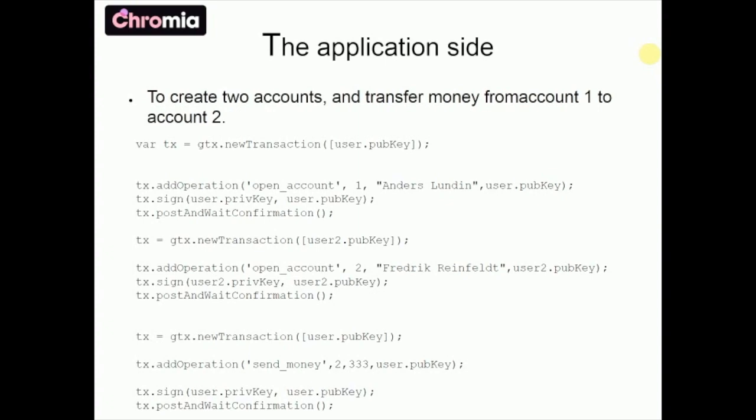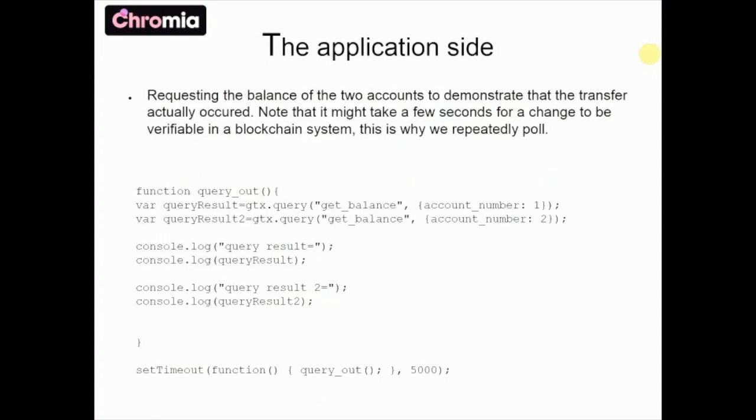And we sign that with the account owner 1. And then we post that to the server, that command, post and wait confirmation. And then it's done. That should have altered the blockchain.